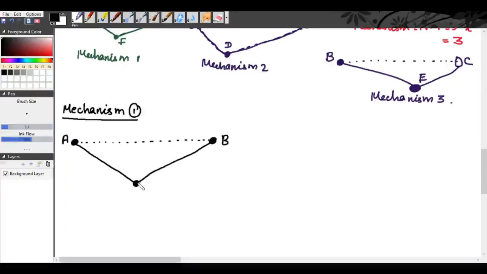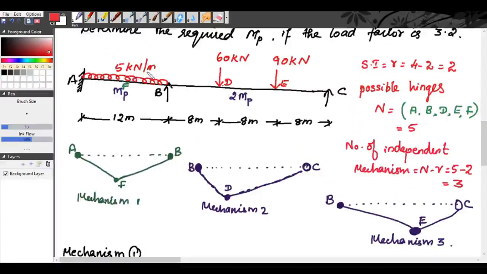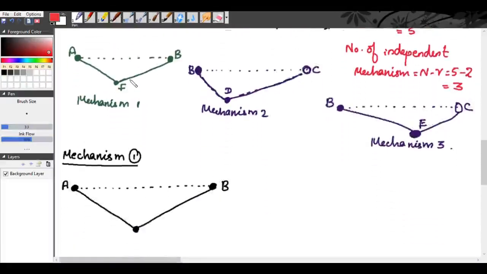Okay, this is mid of the span AB. Now, see the diagram. We have a 5 kilonewton per meter loading, right? So we will mark this 5 kilonewton per meter loading.